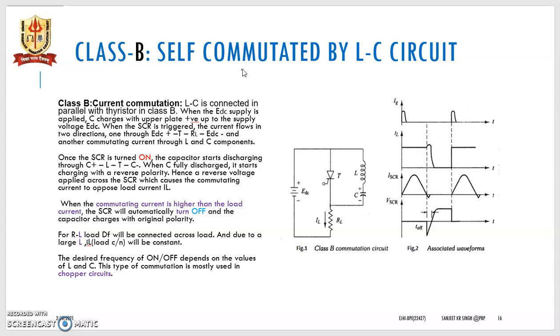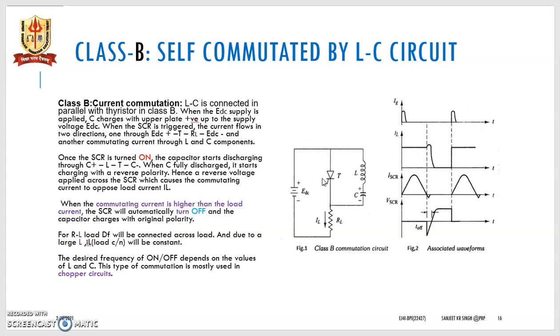Then class B is self-commutated by an LC circuit. So in class B, inductor and capacitor LC is connected in parallel across the thyristor, and when the supply voltage EDC or VDC is applied, this capacitor gets charged with the upper plate positive and lower plate negative.